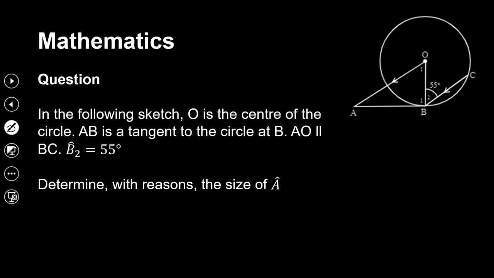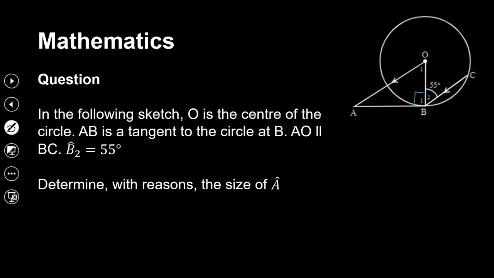O is the center of the circle. Please remember, I said I will not say anything that is not important in the statement. So for you to know that O is the center of the circle makes it important, because if I tell you that AB is the tangent, then this will be a perpendicular relationship, only if I told you that O is the center.